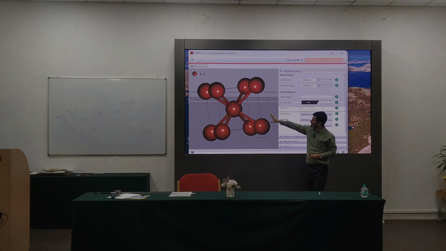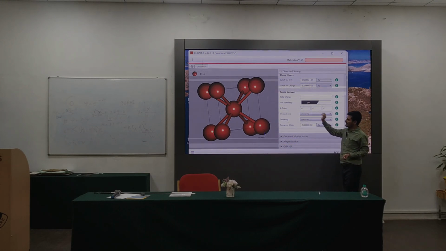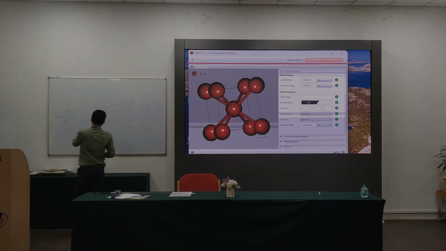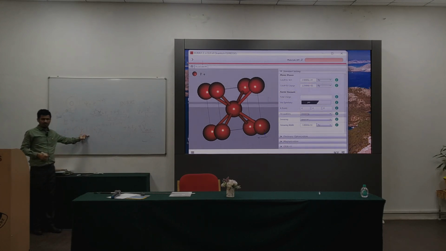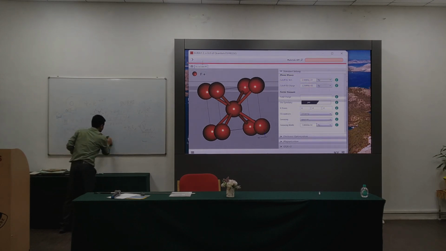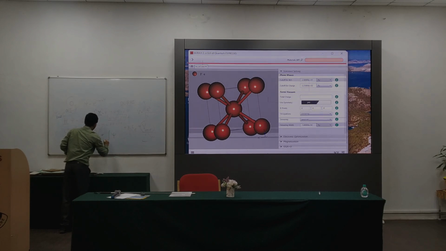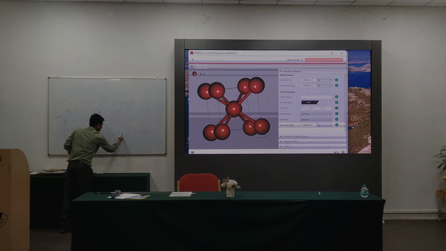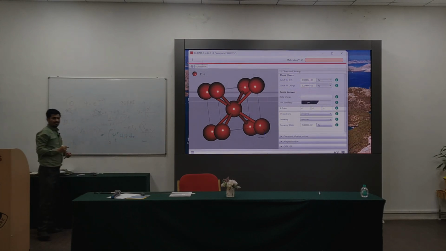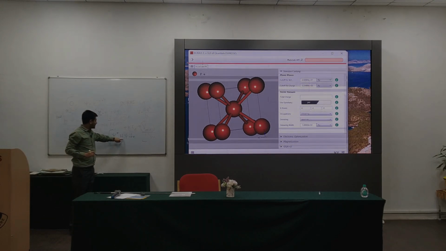Use symmetry: I will use the symmetry. I can turn it off also, it does not make much difference. Now the K points. What is the K point? See, when you do the expectation value, this is nothing but psi star H psi.